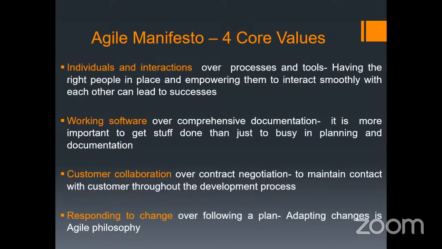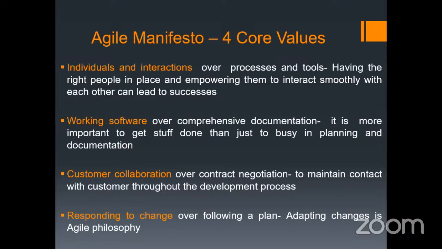Now we will see the 4 core values of Agile. The first is individuals and interactions over processes and tools, working software over comprehensive documentation, customer collaboration over contract negotiation, responding to change over following the plan.